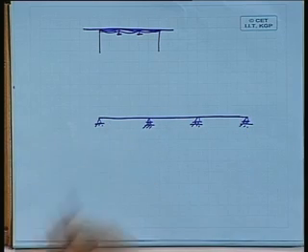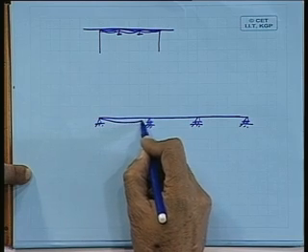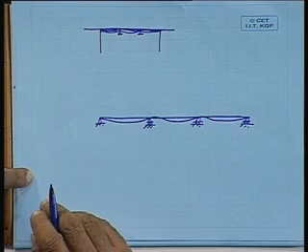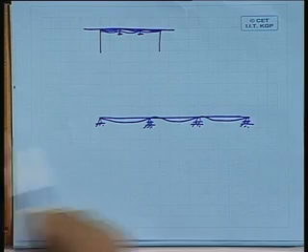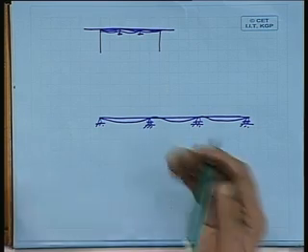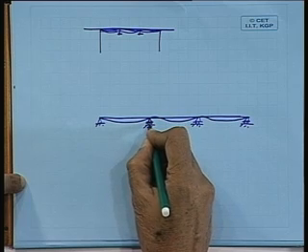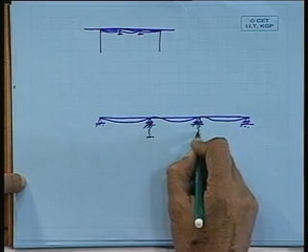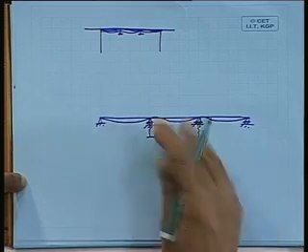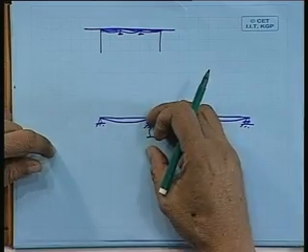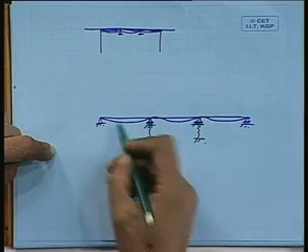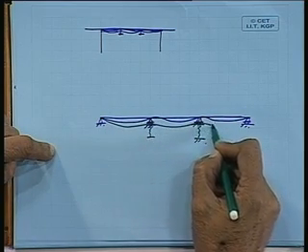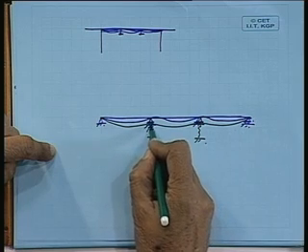In that case, under the transverse loading, or if you say that this is a support on spring, then as soon as the load is given, the support sinks. In that case, we can say that it goes like this, and the whole thing comes down.